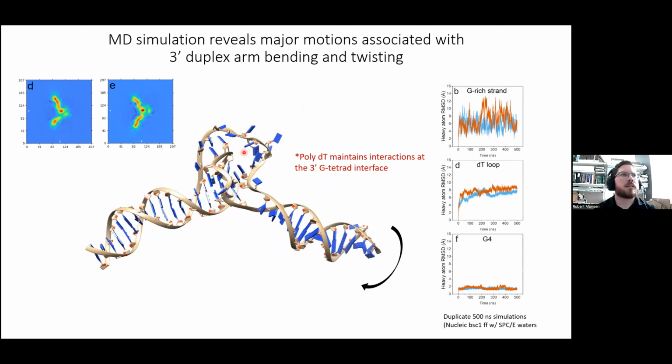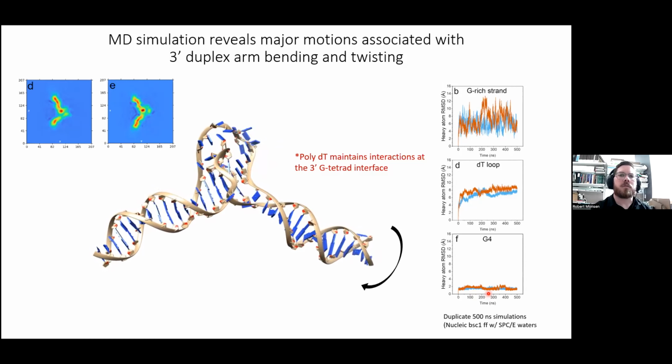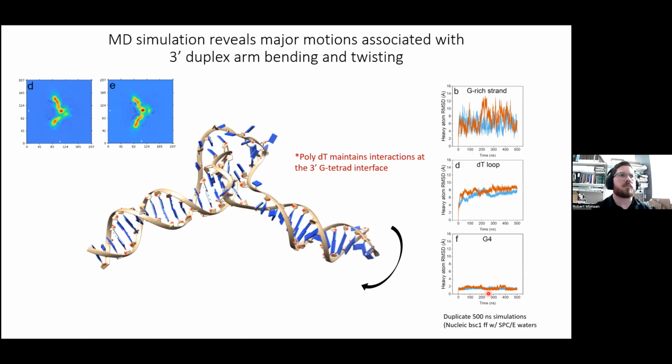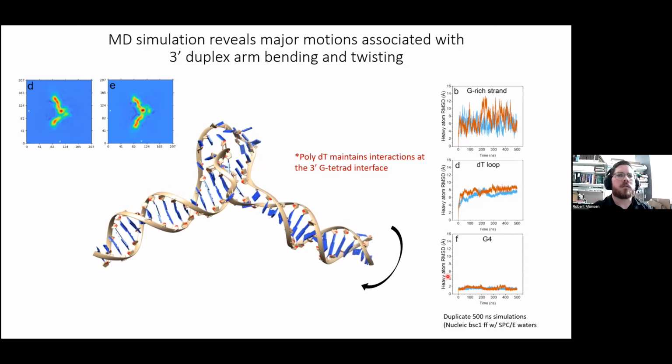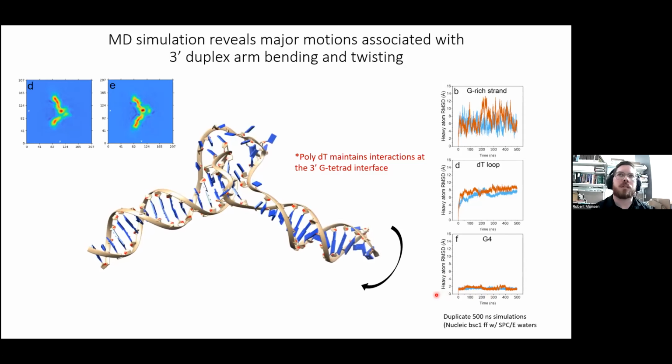And so at this stage, I conducted much more extensive MD simulations, starting from the refined coordinates that we have from the cryo-EM refinement. What I did was carry out duplicate independent 500 nanosecond, so a total of 1 microsecond, explicit solvent MD simulations, starting from those initial coordinates to assess by MD if this system is even stable at all.